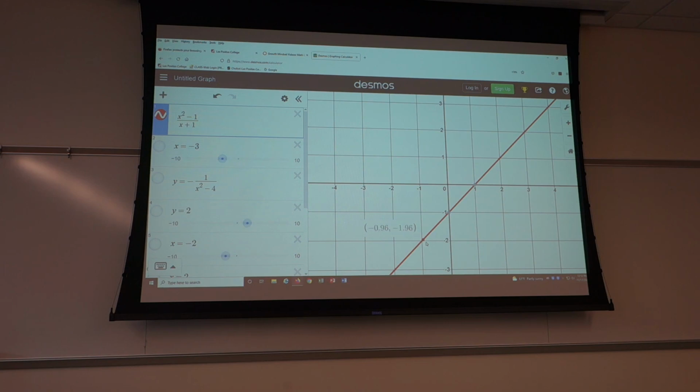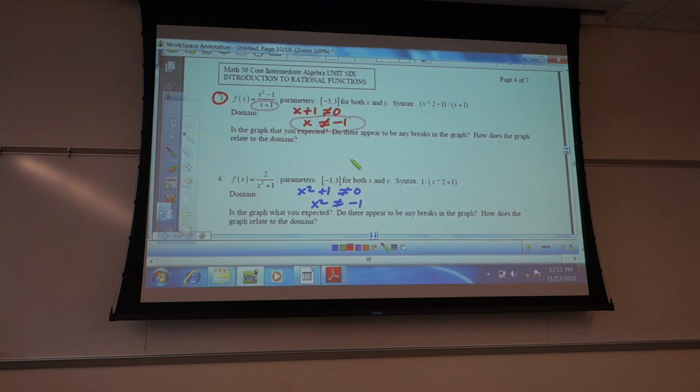If I go a little bit this way, put in 0.96, then all of a sudden there is something there. If I go slightly the other way, negative 1.02, then it exists there. It's just at that one spot where it's undefined. So that matches up. I expected there to be an asymptote, but there wasn't. That's not a line thing. We'll talk about that in a moment.